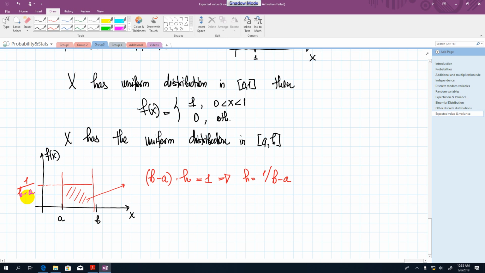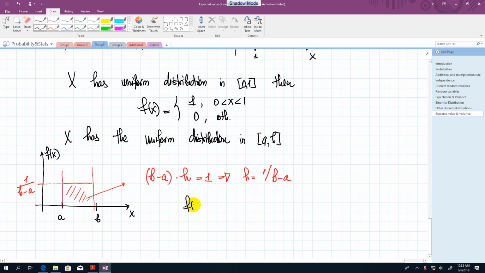So in general, if I say that x has the uniform distribution, then its density function is equal to 1 over b minus a, for x from a to b, and 0 otherwise, okay? So in the general case. And when x can take values between 0 and 1, then the density function will be equal to simply 1, okay?